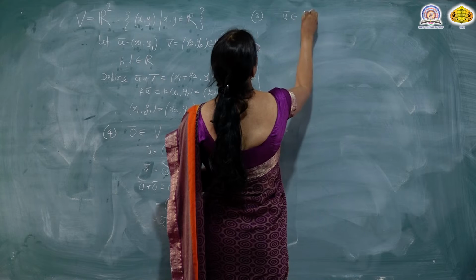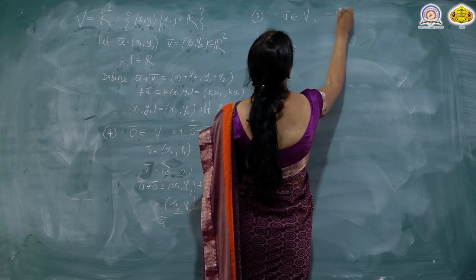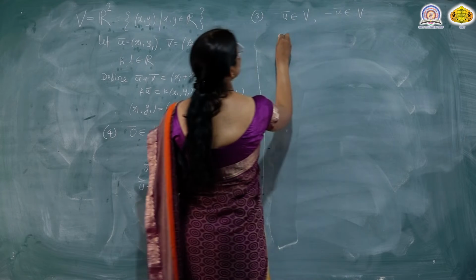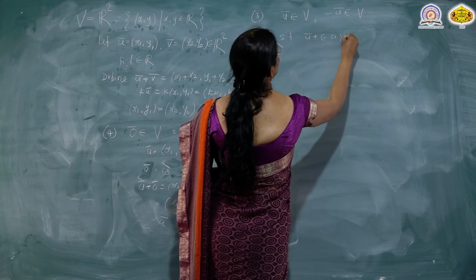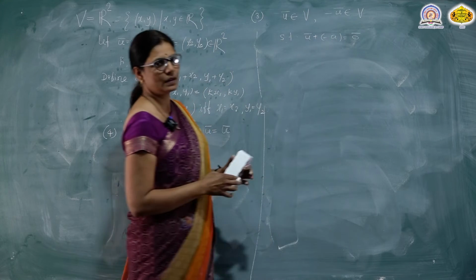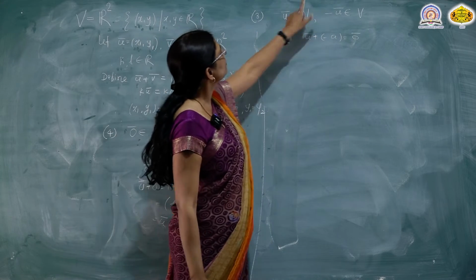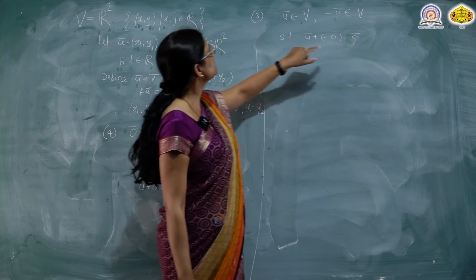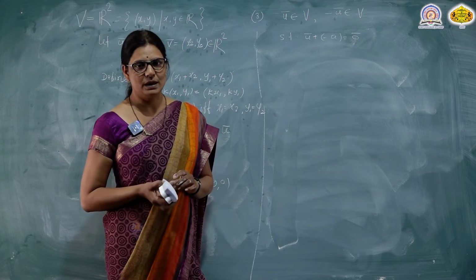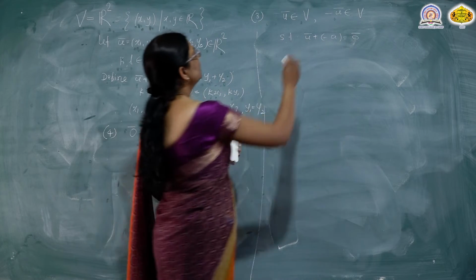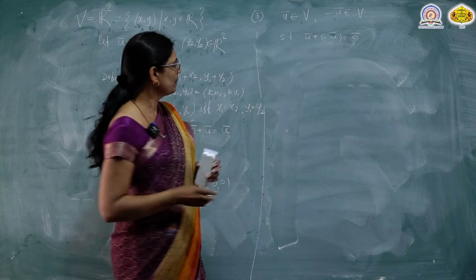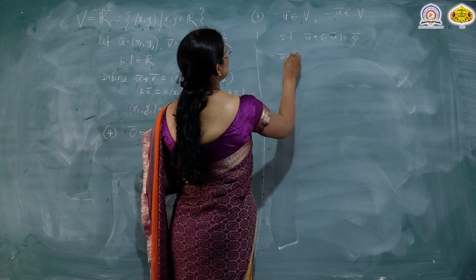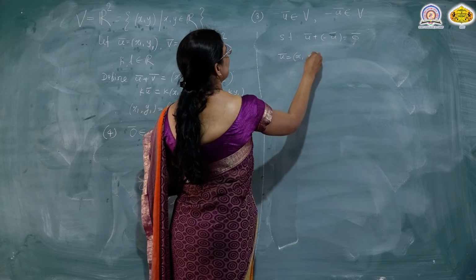So if u bar is in V, we want to find minus u bar in V such that their addition equals 0 bar. So minus u bar is called the negative of u bar and vice versa. Now our u bar is equal to (x1, y1).